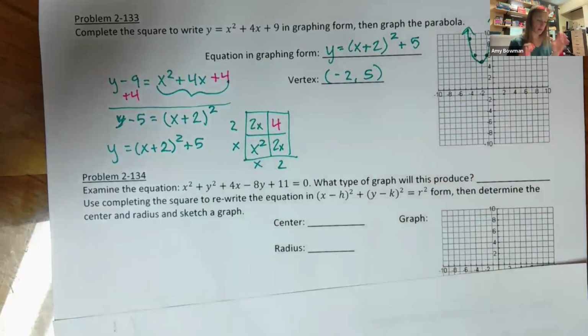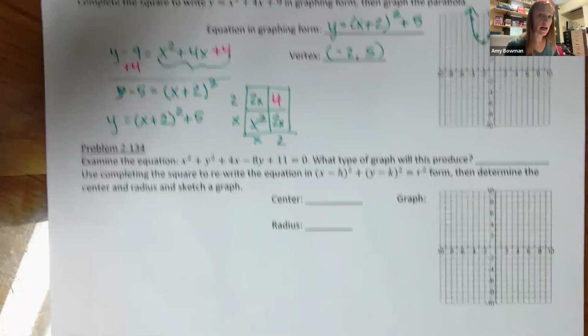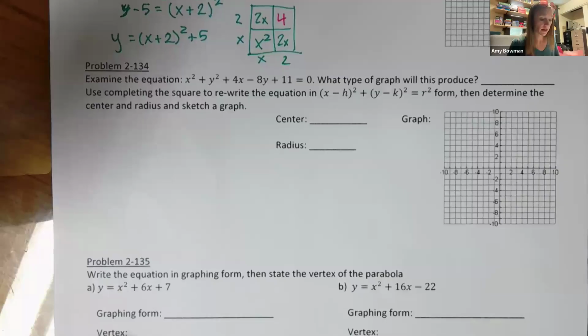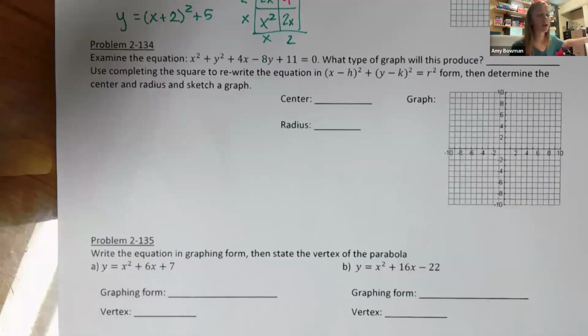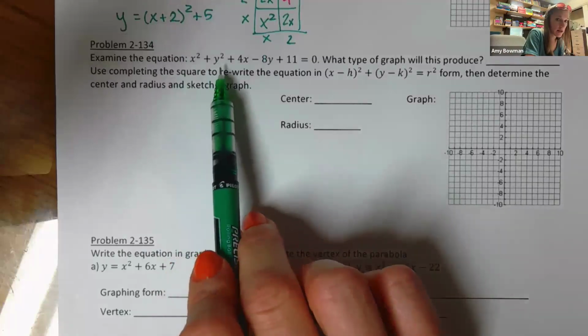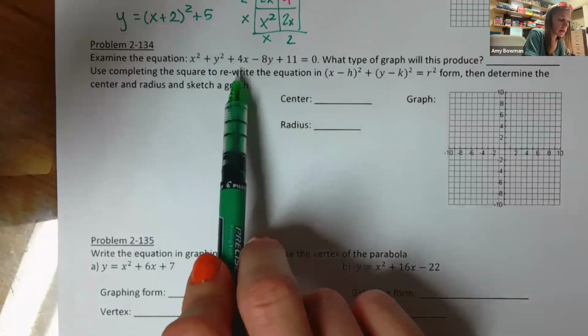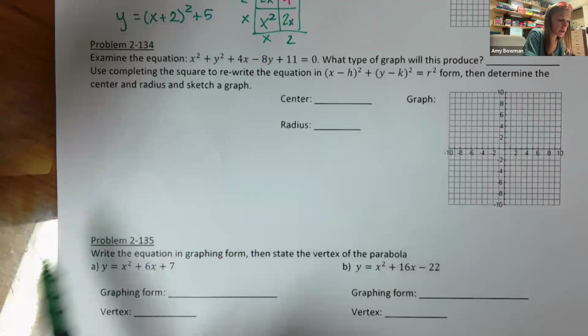Now the next problem is a new application of completing the square. This is kind of like the next level of completing the square. If you look at this equation, x squared plus y squared, we're throwing in a y squared here, so that's going to change things. Plus 4x minus 8y plus 11 equals 0.